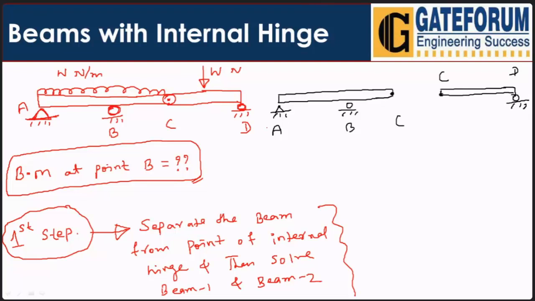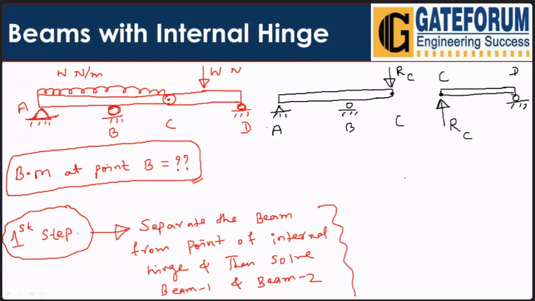But ignoring the horizontal one, I can put one support reaction here, let's say RC. The same equal and opposite RC will be applied here, because once we join the beam again at point C with the internal hinge, both RC will get cancelled.